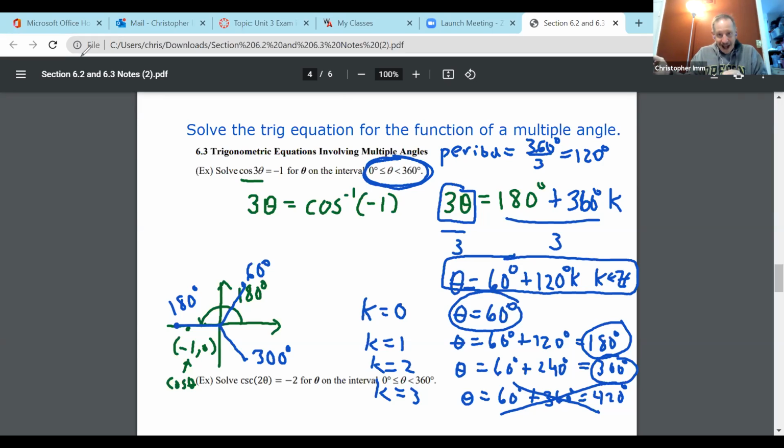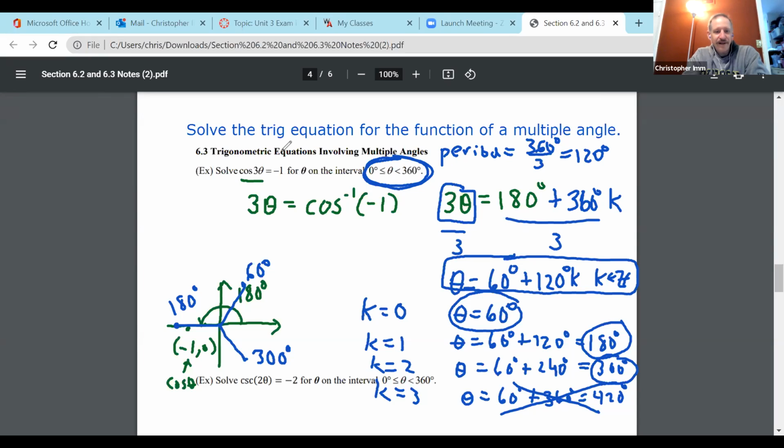And then we add on that 2 pi k, or the 360k, and then we go ahead and divide and find all the solutions on that interval. So that's sort of the process that we're using there. Are there questions? Okay. All right. So that's about it. That's about as easy as it gets.